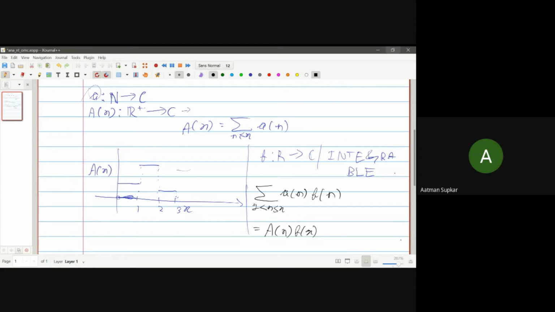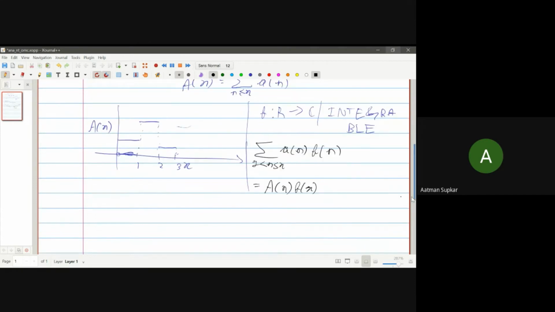Equals to x, minus capital A y f of y, minus integral y to x.